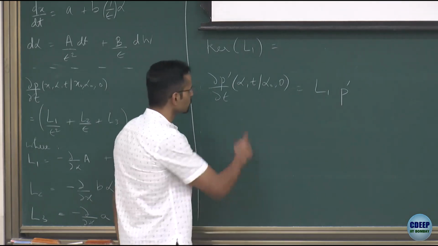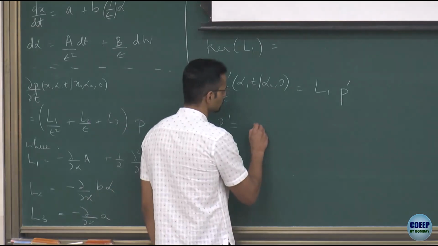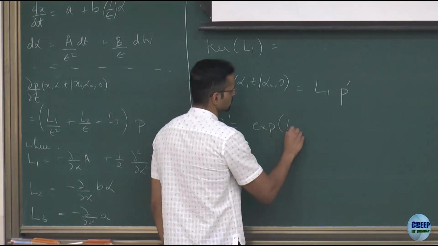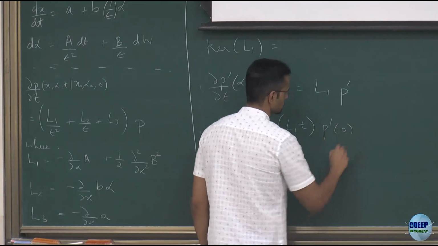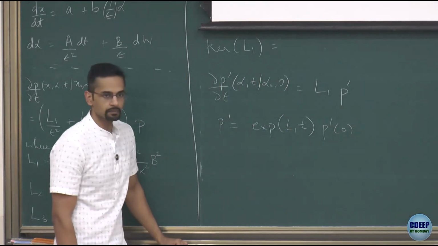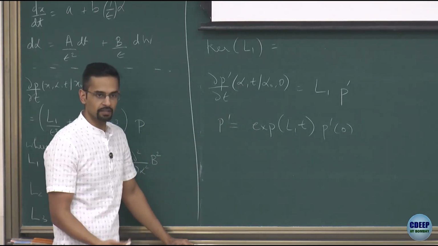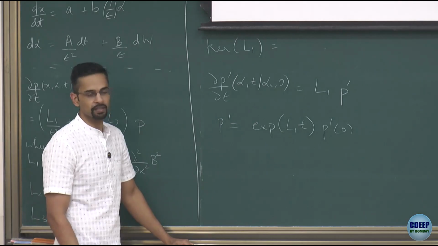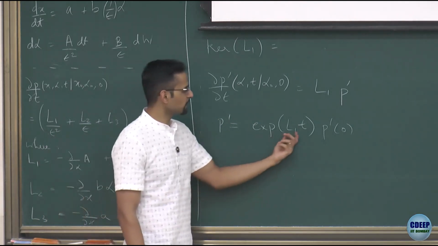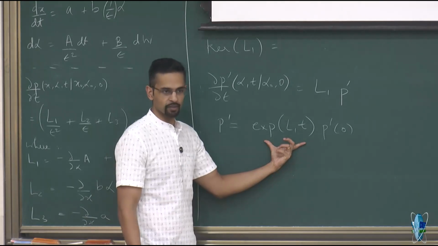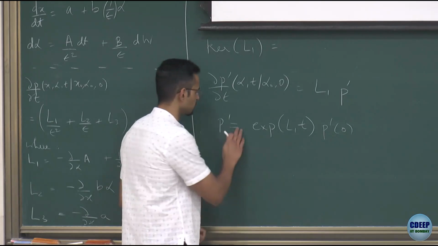Right? So if I were to solve this equation formally, I can write P prime is equal to e to the L1 t times P prime of 0. Okay, so I'm treating, remember, L1 as an operator. You can define the exponential of an operator the same way you define the exponential of a matrix, right? So this exponent of L1 t is itself an operator which can act on this function, and it will give you the P prime at any time.